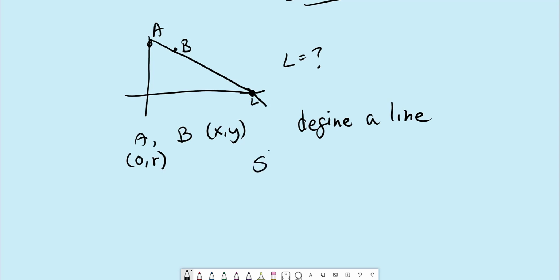We find the slope. The slope is just given by y minus r divided by x minus 0. So we use that to define our slope.